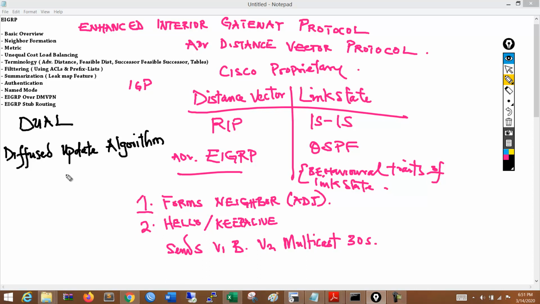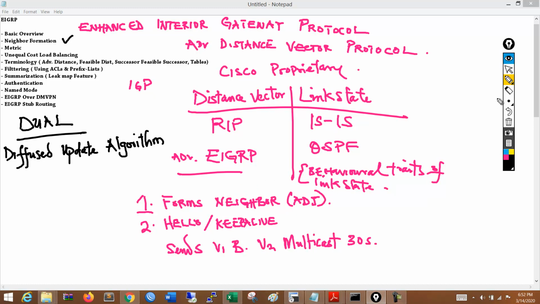That is what EIGRP uses for each route calculation and doing the metric calculations and picking the best routes, picking the successor route, choosing the feasible successor, convergence time and all. That's the algorithm that the EIGRP protocol makes use of. Okay, so let's continue. Like I said, it forms adjacent neighbors with its directly connected neighbors.